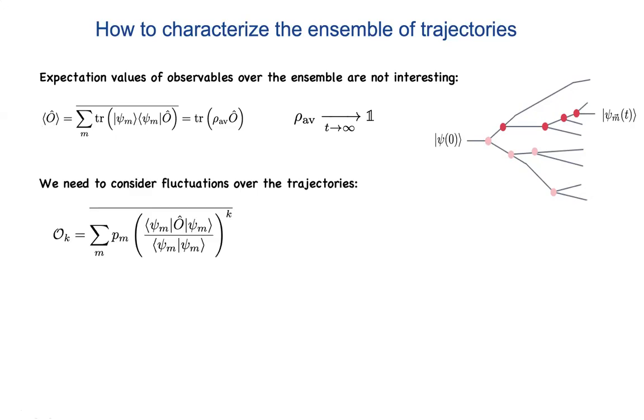What we really need is access to individual trajectories. The minimum we could do is look at fluctuations between trajectories, so at least we need to look at second moments of operators in this trajectory ensemble. The kth moment is the sum over all the measurement outcomes, of the probability of that particular measurement outcome sequence, times the operator in this particular trajectory state to the power k.